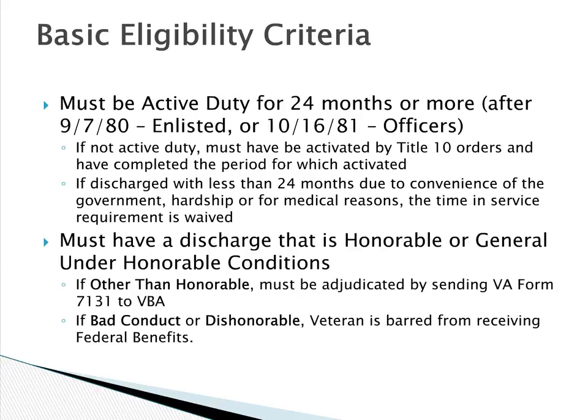If they were enlisted, which of course 70% of all veterans are, and they served before September 7th of 1980, then if they were on orders for active duty and they went to basic training, that one day is all that matters. Beyond that, it becomes the discharge and the income and the rest of it. If they started their service on 9/8 of 80 or beyond, they must serve 24 consecutive months. And then the same applies to the 10/16/81 date for officers.